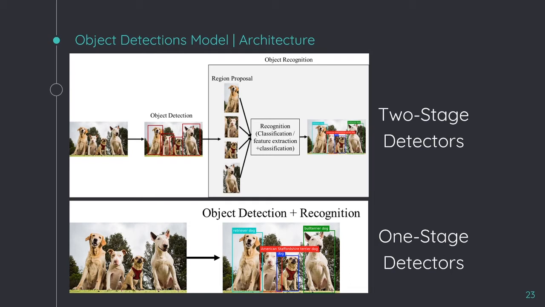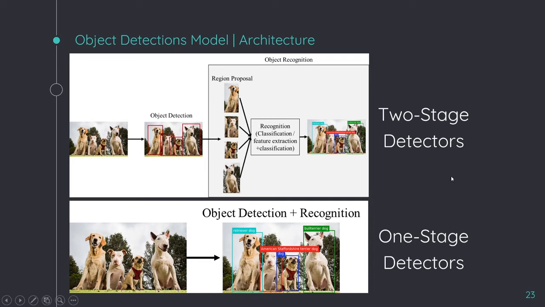In the two-stage detector, the architecture will do the object detection and the classification in different pipelines. And in the one-stage detector, they will do the object detection and recognition in one single process.